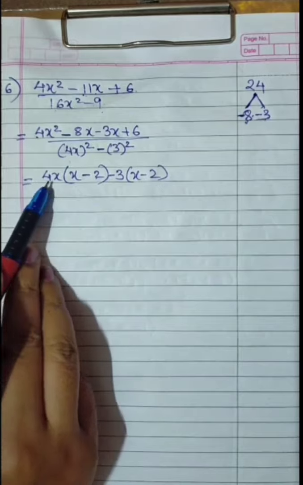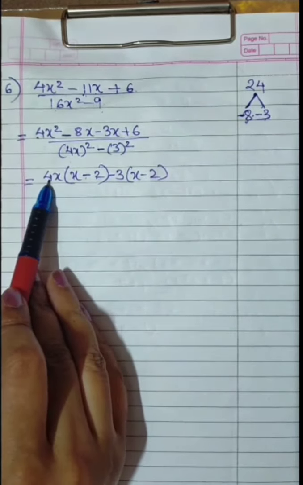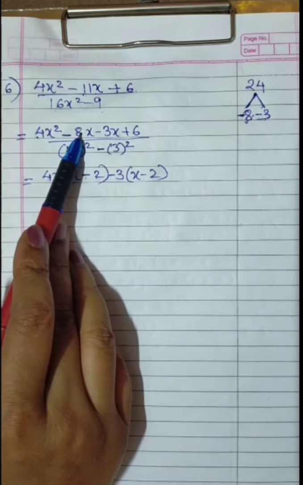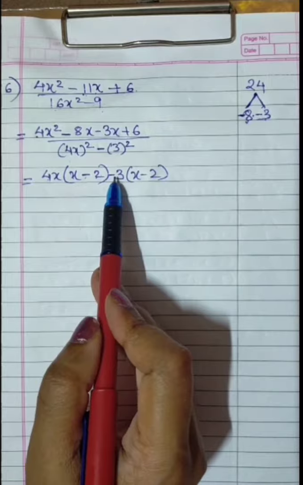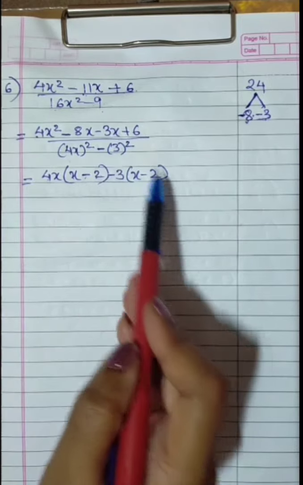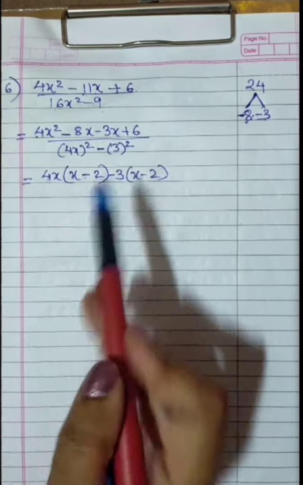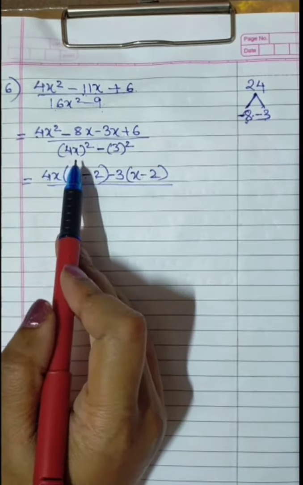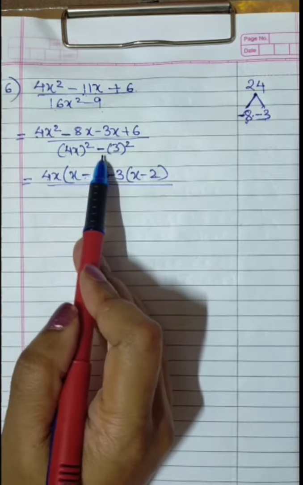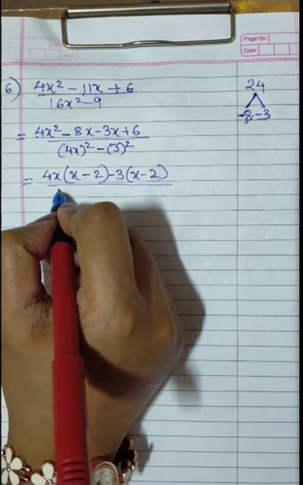Now you can see 4x into x is 4x square minus 4x into 2 is 8x, 4 2s are 8, then again minus 3 into x is 3x, minus minus is plus here, 3 2s are 6. Now down, so it is what? It is just like a square minus b square formula, so we are going to use that.